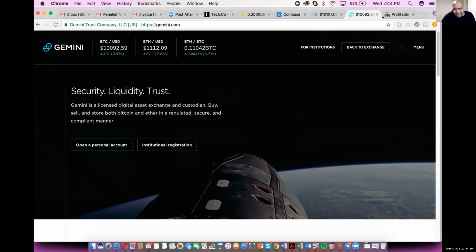I can't remember what exchange got hacked. People lost all of their money that they had on the exchange. So while it's okay to keep some money in the exchange, if you have a lot of it and you're not actively trading it, it might be better to keep it in some type of paper wallet or a Nano Ledger S or whatever tool that you want to use to make that happen.